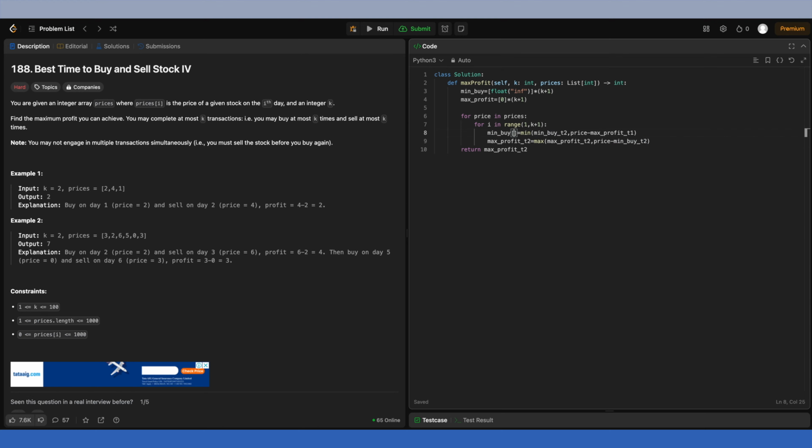We need to depend on the first transaction: the maximum profit we gained on the first transaction, so i minus 1 transaction. So this is the minimum buy of i over here, whatever we stored for the current day, and the price will be the price minus the previous transaction's profit we made.